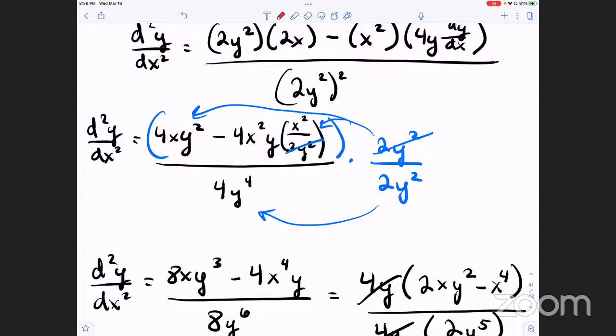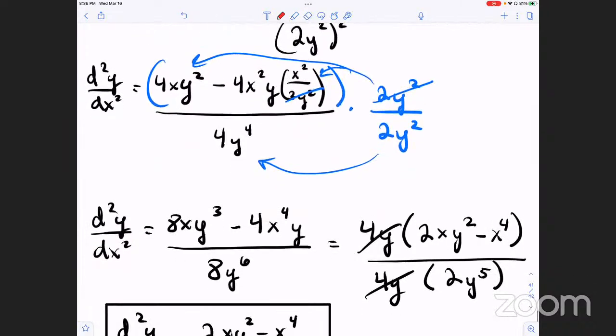Oh, I found another mistake. We canceled the 2y squared. We forgot to, nope, we incorporated it, because x squared times x squared is x to the 4. So that becomes a negative 4x to the 4 times y. I feel good about that. And then 4 times 2 is 8. You add the exponents, 4 plus 2 is 6.